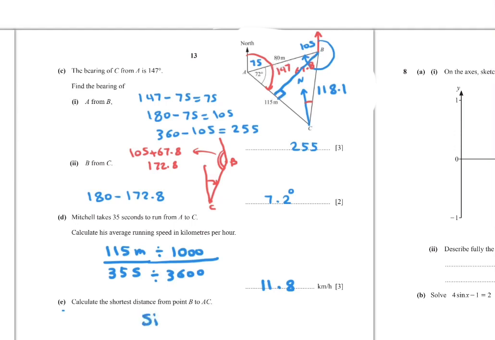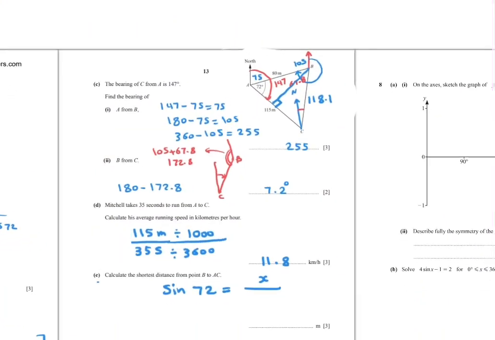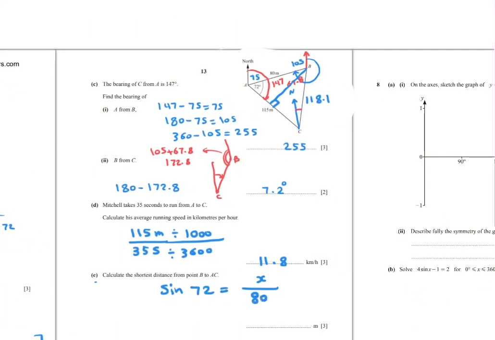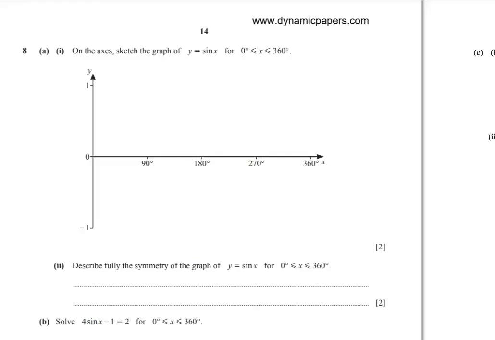So sine 72 equals x, which stands for the shortest distance, over the hypotenuse, which is 80. So x equals 80 sine 72, which equals 76.1 to 1 decimal place.